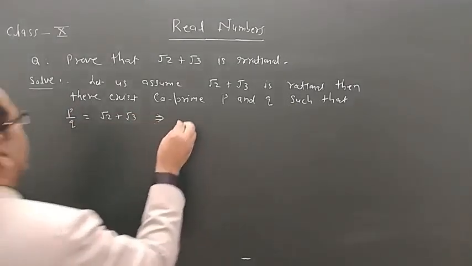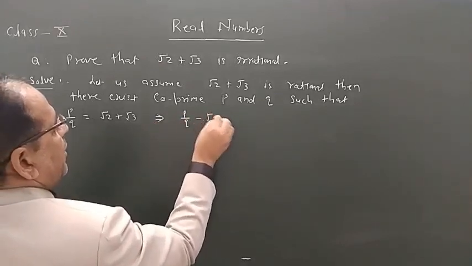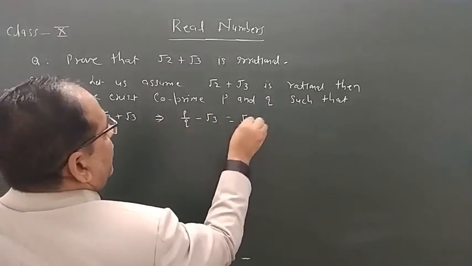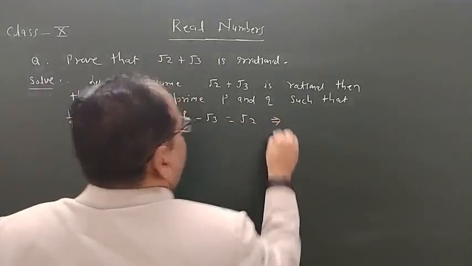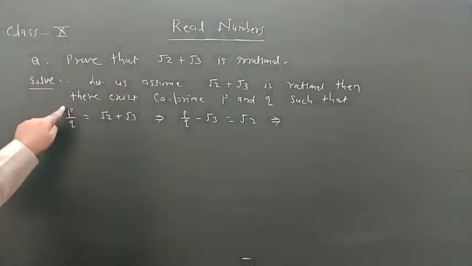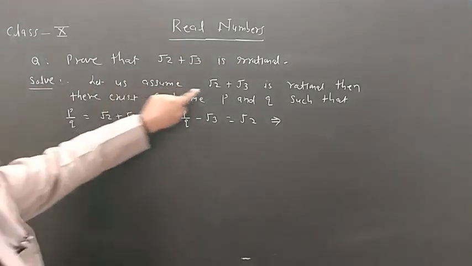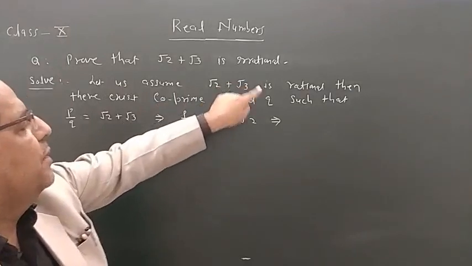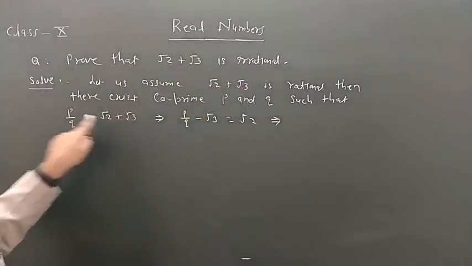This implies that p upon q minus under root 3 equals under root 2. Squaring both sides. Now here p upon q equals under root 2 plus under root 3, because we are assuming root 2 plus root 3 is a rational number and each rational number can be expressed in the form of p upon q.